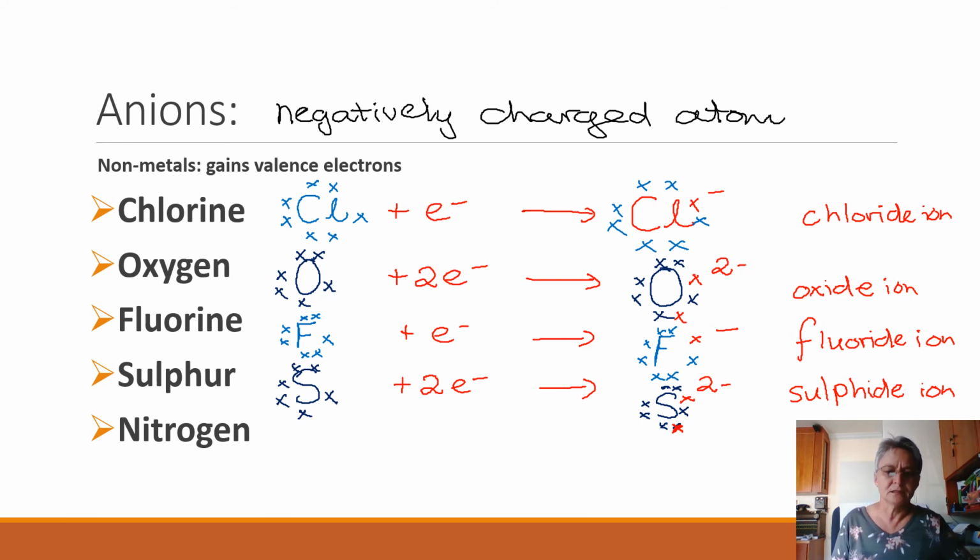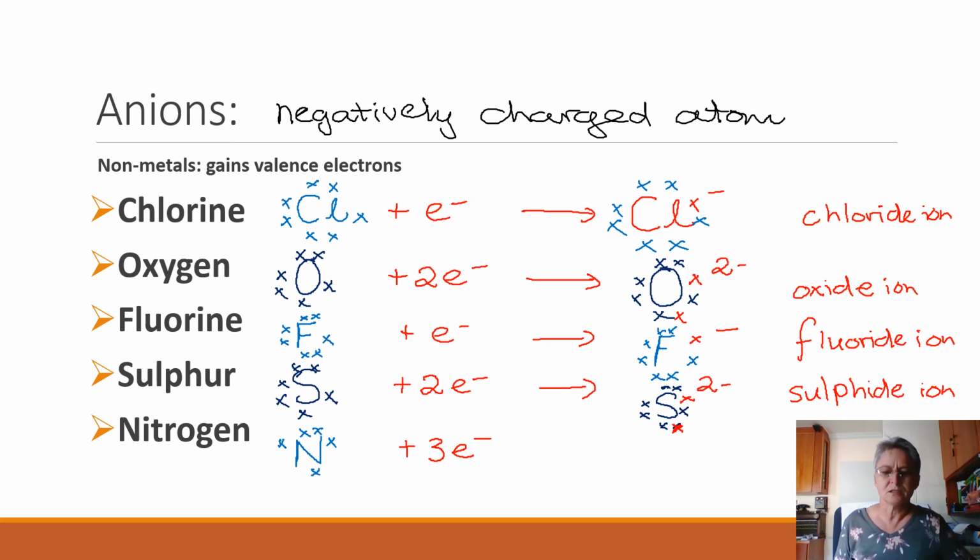Lastly, we look at nitrogen. Now, nitrogen is an atom with 5 valence electrons. So how many electrons does it need to fill the valence energy level? It needs 1, 2, 3. So we need to add 3 electrons to the nitrogen atom to have the valence energy level full.